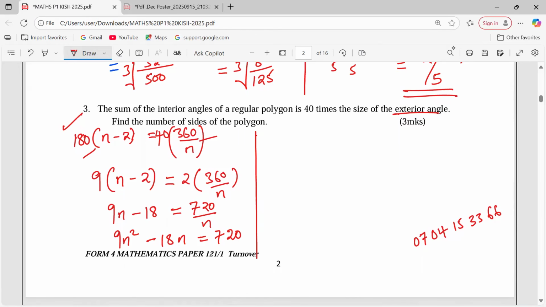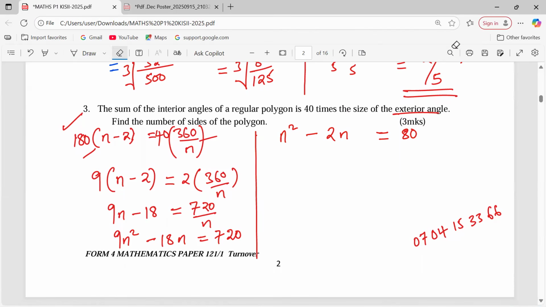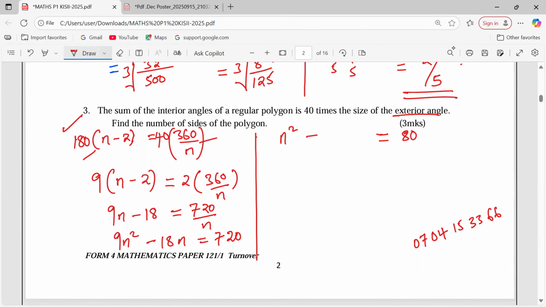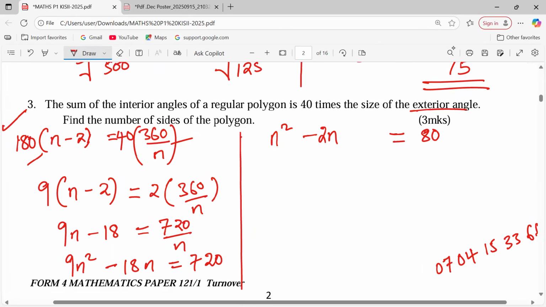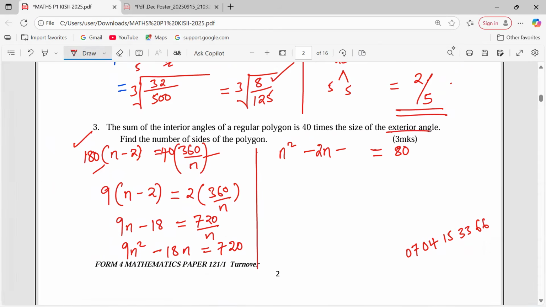We first divide through by 9, such that we have n squared minus 2n equals 720 out of 9, giving us 80. So at this point, we can think about adding a constant to both sides so that the left-hand side is made a perfect square.